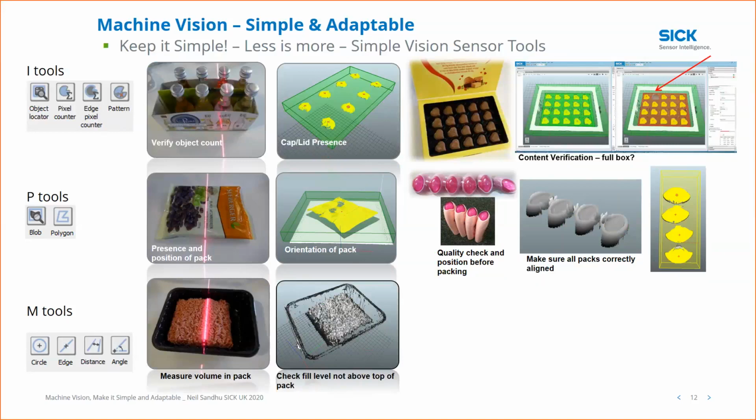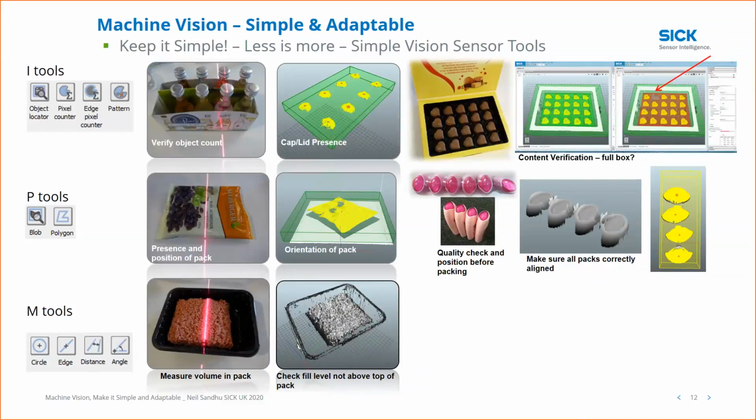And if we look at measurement tools with 3D vision sensors, we can see that height data really comes into its own again when looking to see if a measurement of, in this case, a meat-based item is below the surface of the tray that it's been placed in, to make sure when the sealing comes about, it's going to seal correctly and not cause potential issues there.